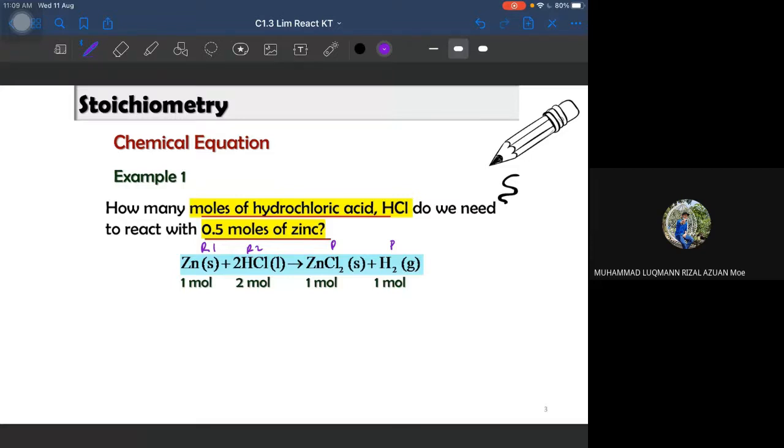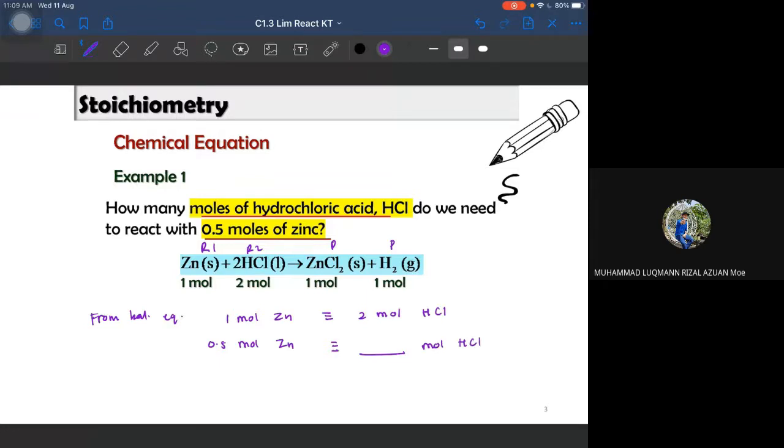Okay, so from the balance equation, kita tahu that 1 mole of zinc will react with 2 mole of HCl. Okay. So, kalau kita ada 0.5 mole of zinc, berapa mole of HCl yang kita perlukan?